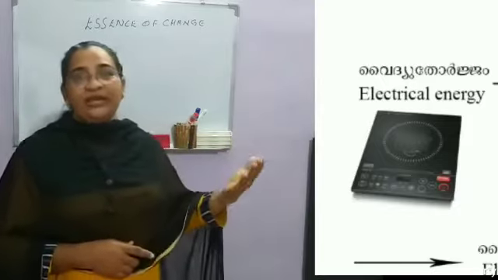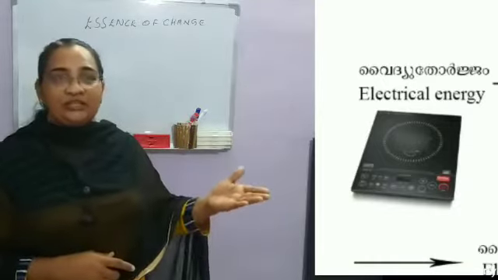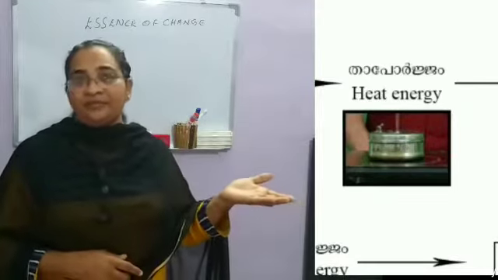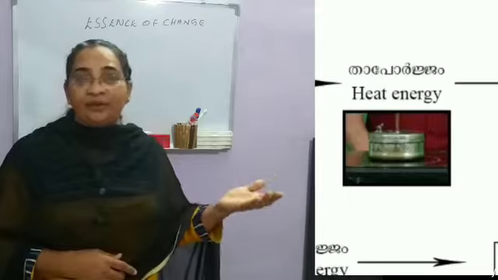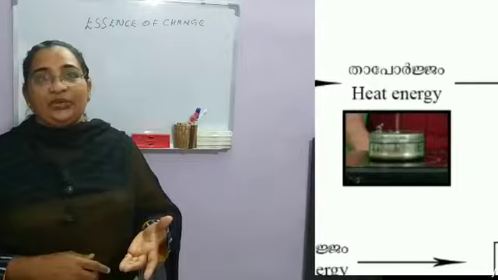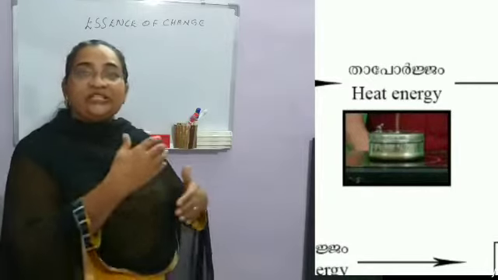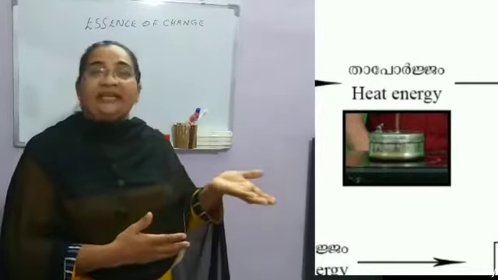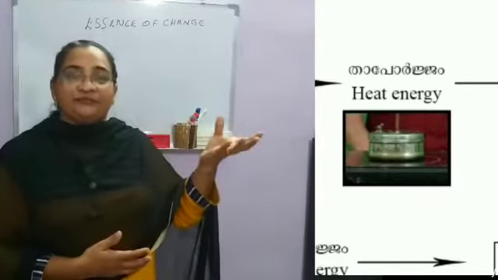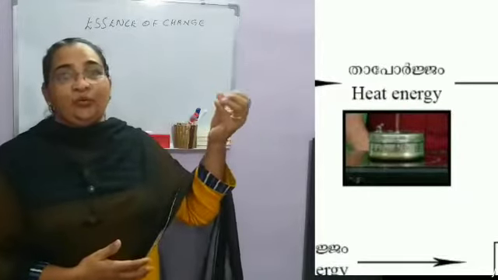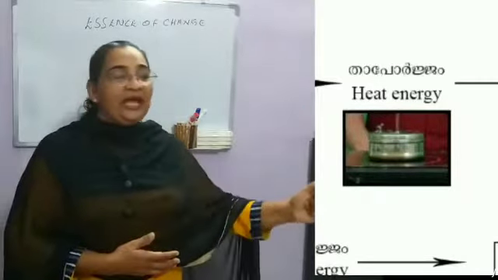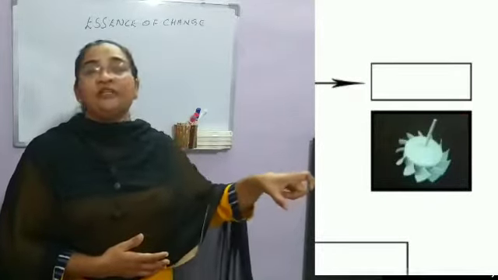So with the help of electricity, when the induction cooker works, what happens to the water which is there inside the tiffin? It boils. Why does it boil? Yes, because the electrical energy which is given to the induction cooker changes into heat energy and helps the water to boil. Now the water which is there in the tiffin warms up and becomes steam and it passes through the tube and that steam falls on the turbine.